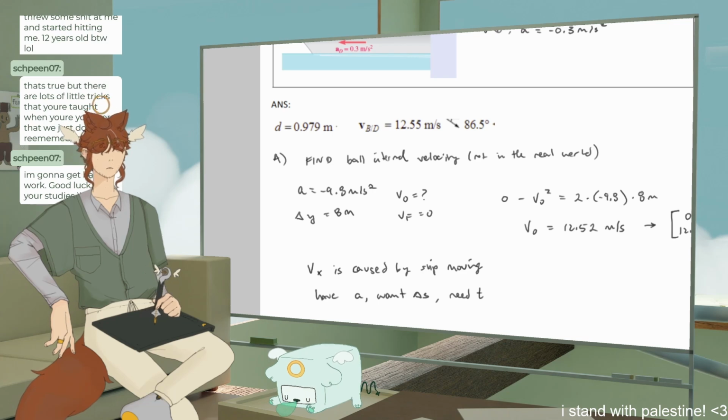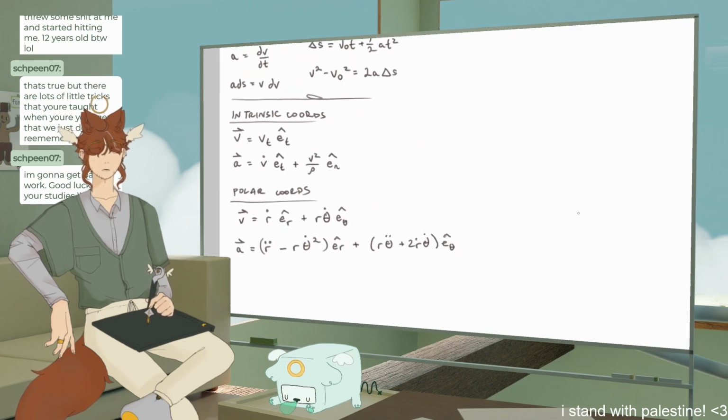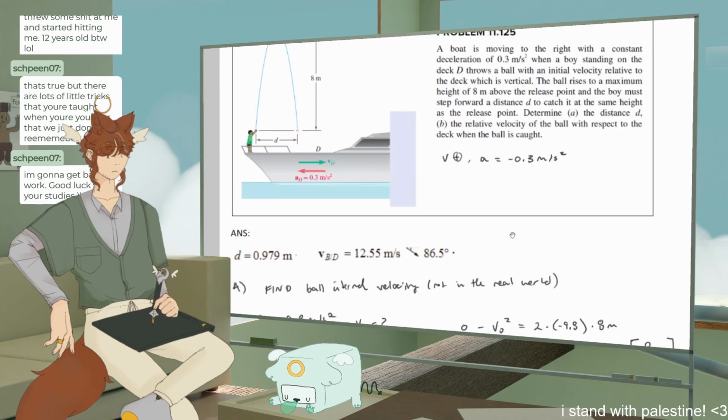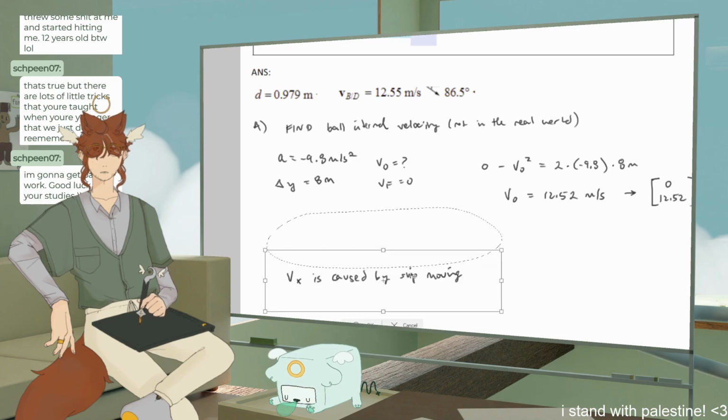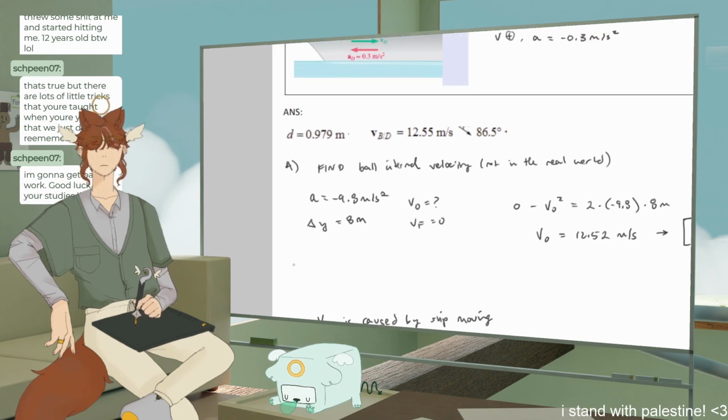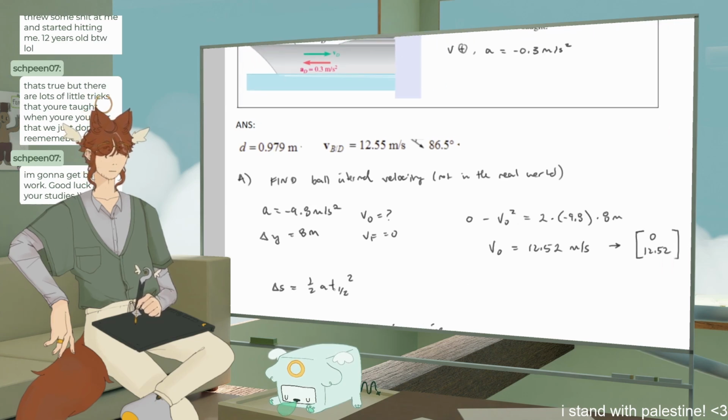To get a time, we don't have a delta V, so we'll have to use delta S. The delta S of that whole thing, we'll do half of it and multiply by 2. I'm going to get rid of this, because that's just for us; this is going to be used after. So delta S equals 1/2 A t squared, for half the time. We've got to do half, I think, because then V0.